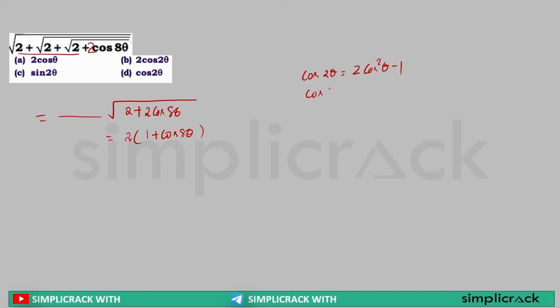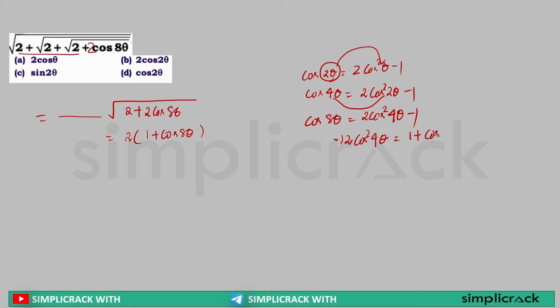If it is cos 4 theta, it can be written as 2 cos square 2 theta minus 1, because it is half of whatever is given. Or if it is cos 8 theta, it will be 2 cos square 4 theta minus 1. So I can write 2 cos square 4 theta is equal to 1 plus cos 8 theta. Yes or no? So in this case, I can directly write 2 into 1 plus cos 8 theta, that is 2 cos square 4 theta, square root of that.